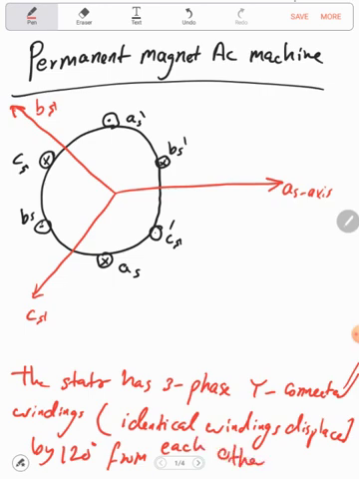Now for the rotor, it's actually a magnet, so it's a permanent magnet.